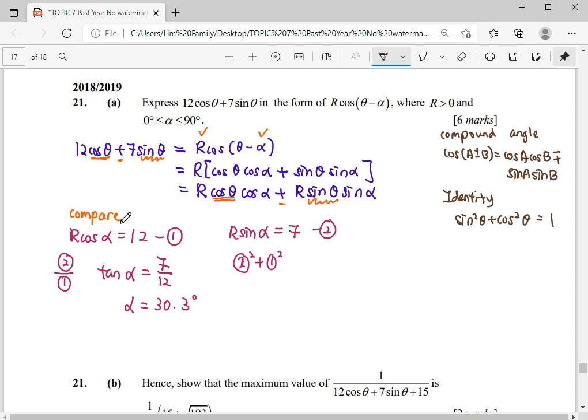So when I square these equations and add them together, my alpha will be eliminated. Then I can find the value of R. So equation 2 squared becomes R squared sine squared alpha, plus equation 1 squared becomes R squared cos squared alpha.